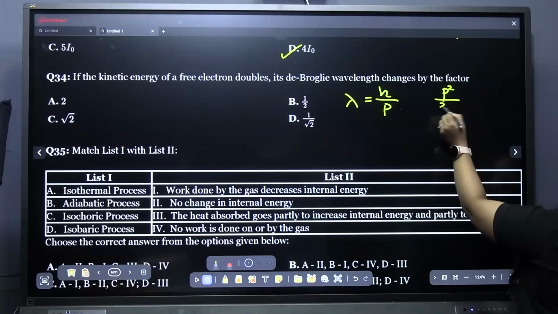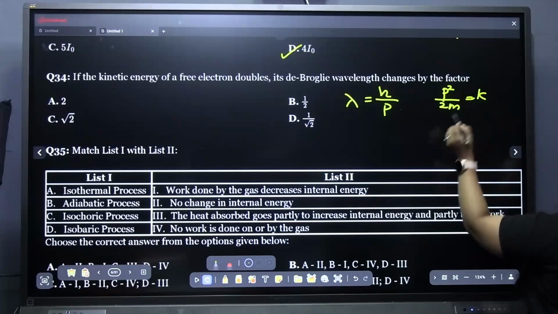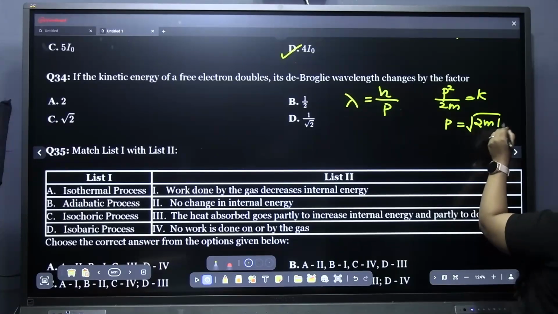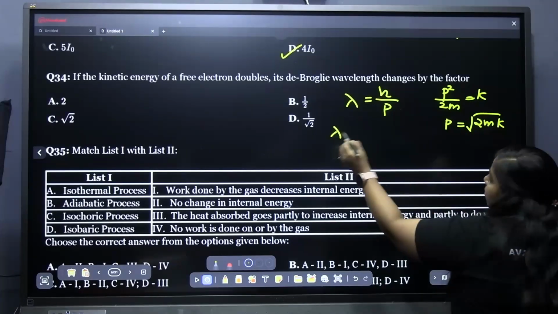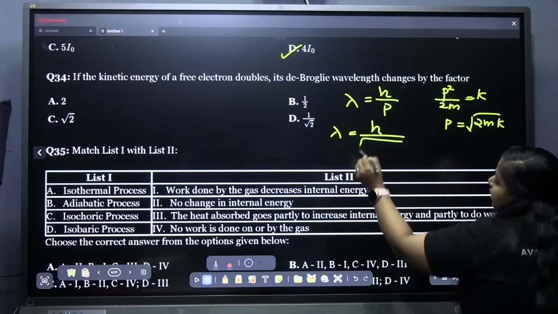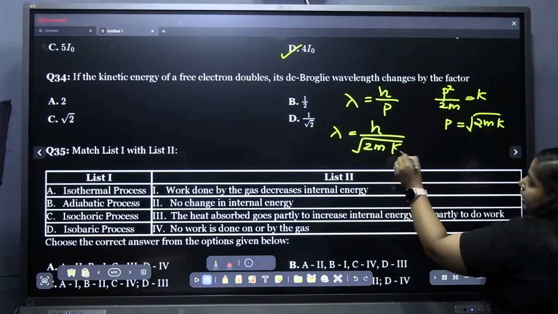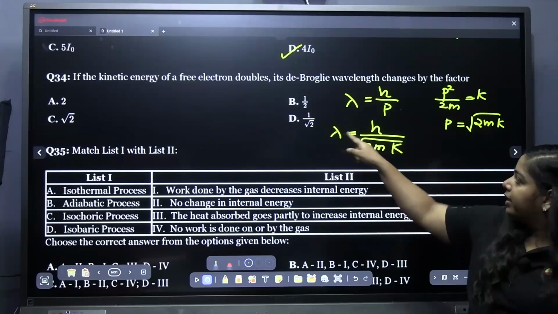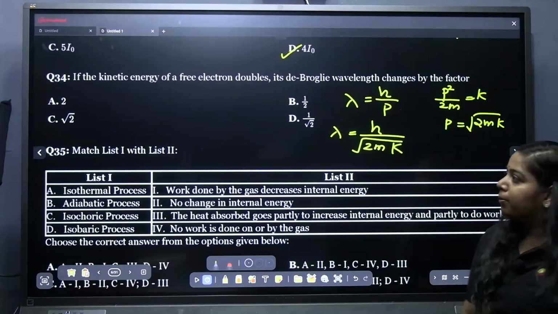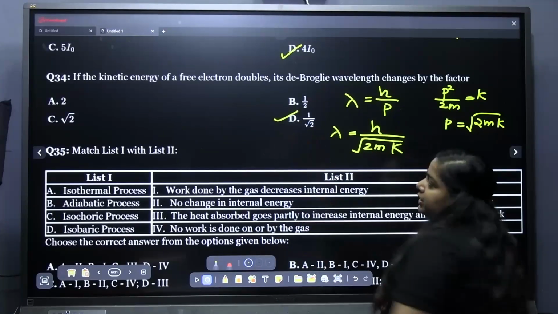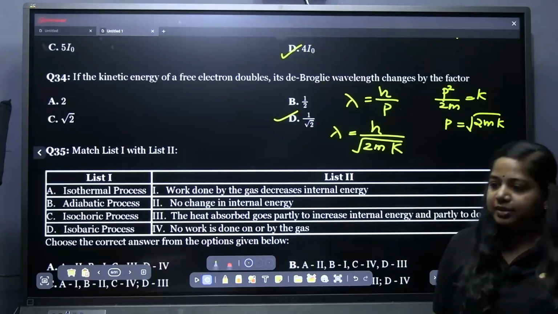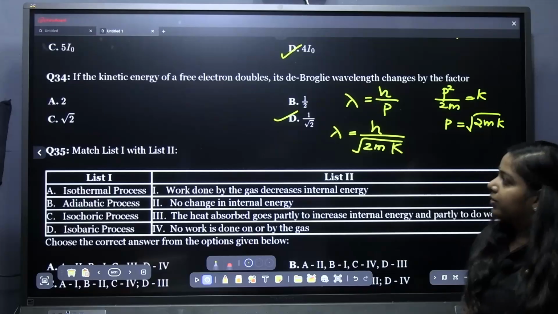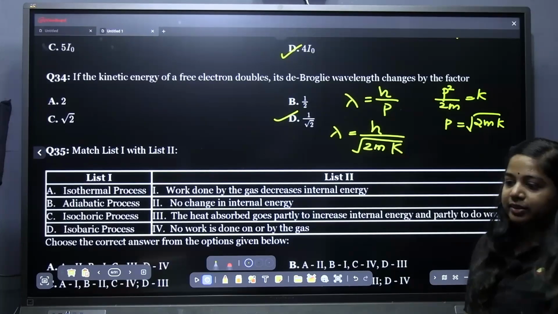P square by 2m equals kinetic energy K. Then P is equal to root 2 m K, which means lambda equals h by root 2 m K. If kinetic energy is doubling, lambda will change by 1 by root 2 times. So option D is the answer. Is that clear? Question 34, option D is the answer.